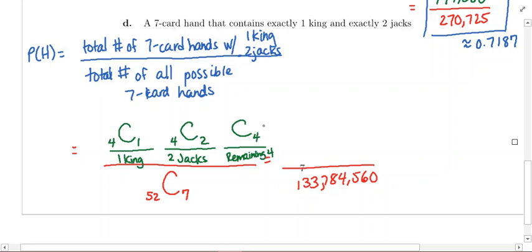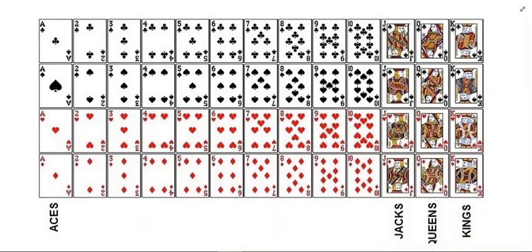The question is, how many cards are we choosing from to select the 4 remaining cards? We know that the last 4 cards cannot be a king, and they cannot be jacks. So if you go to your deck, we're going to have to scratch out the jacks and scratch out the kings. But anything else will be fine in the hand.